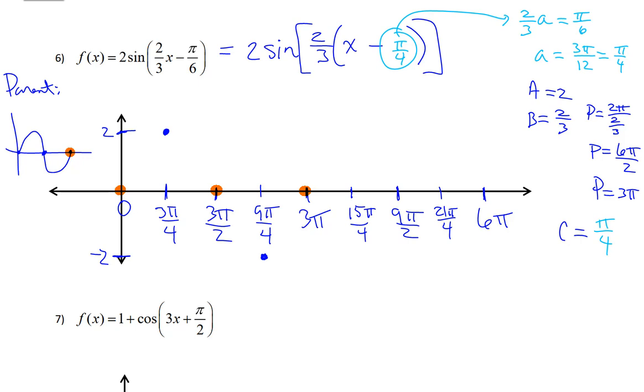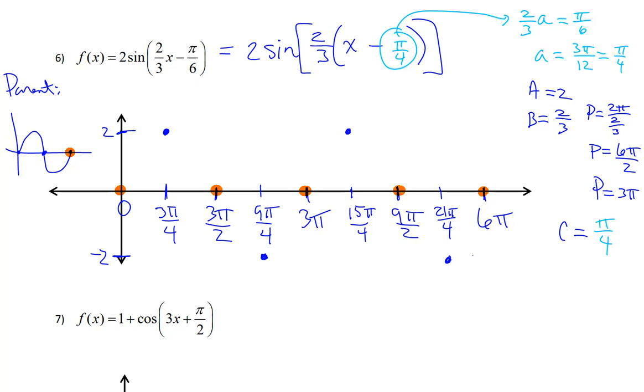Knowing that we have a phase shift here, I'm just going to keep the intercepts going, so just follow the pattern, every other tick mark. And then keep the max and min pattern going as well, and kind of just keep the wave-like high, low pattern going.